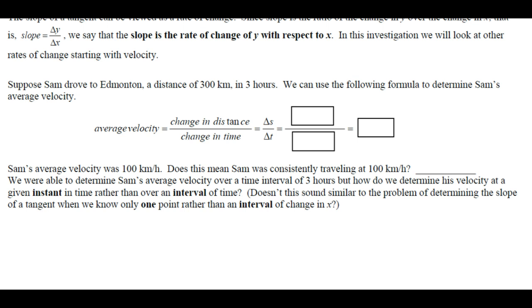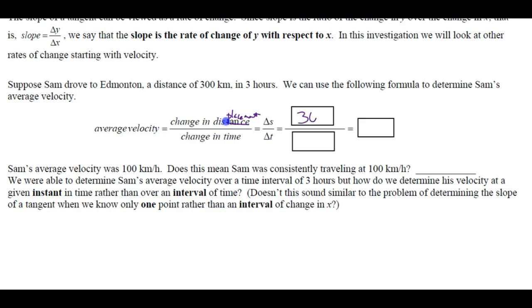So average velocity is the change in distance, displacement, over the change in time, which is delta s. Although you use s for distance and d is, I don't know. So what is his change in displacement?